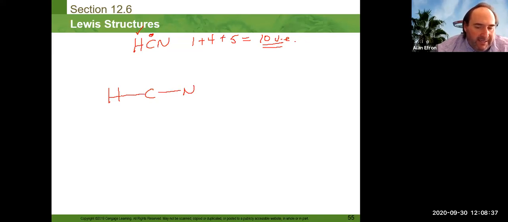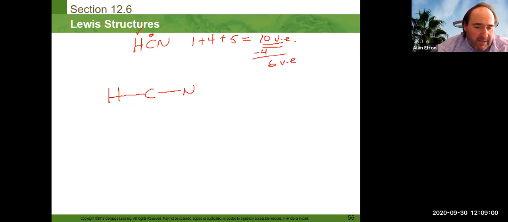At that point, each line represents 2 electrons, so that is 4 electrons I just put on there. That leaves me 6 electrons to go. I want to put the electrons on the outside atoms first in pairs. So I'm going to go to my hydrogen, and I am not going to put any dots. Again, hydrogen at this point is done. It has 2 electrons. It should never have dots around it.